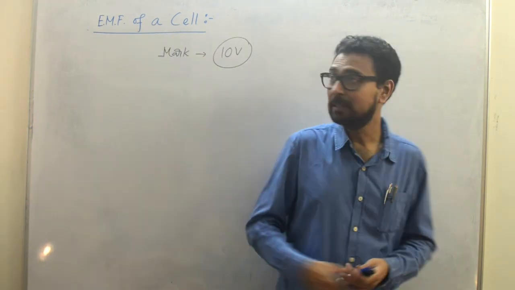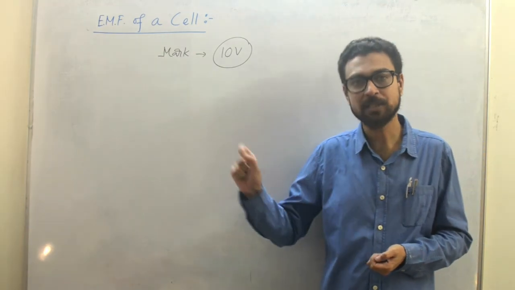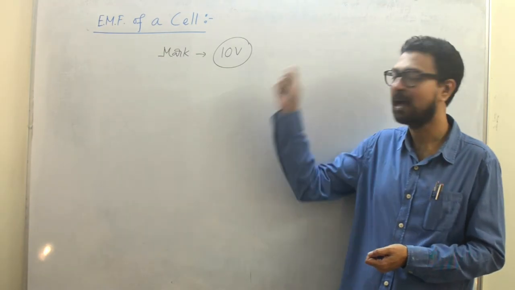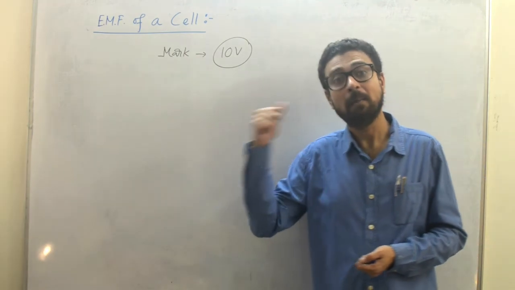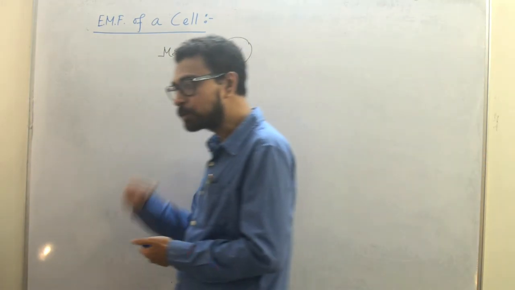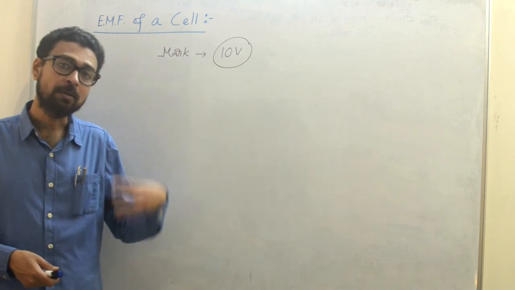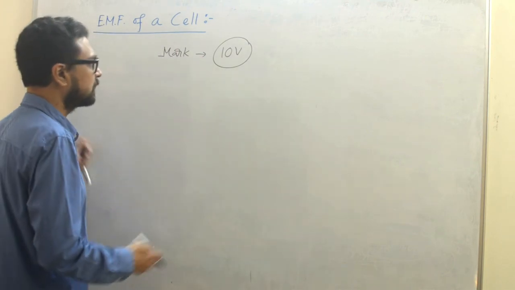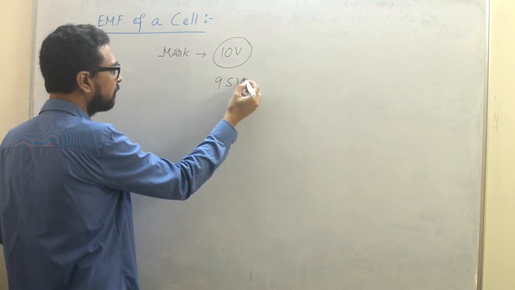And due to this, the cell or battery which was marked 10 volt, where calculation showed us that it has the capacity of providing a potential of 10 volt, practically when we use it in a circuit, due to these losses that it incurs within, finally maybe we are getting a potential of say 9.5 volt.